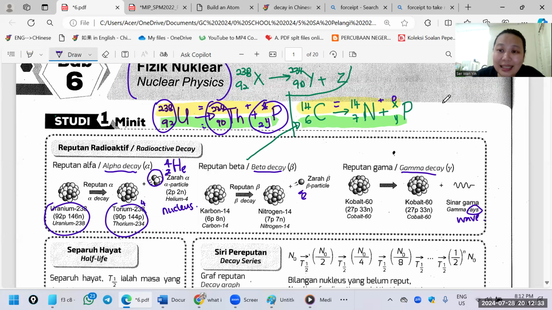Yes, correct. This is 0, meaning no neutron and no proton. Then this one is 6 equals 7 plus -1. Yes, -1. So what is this? This is an electron.